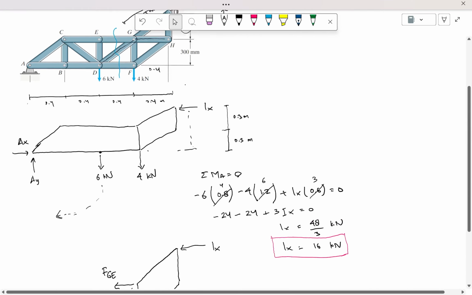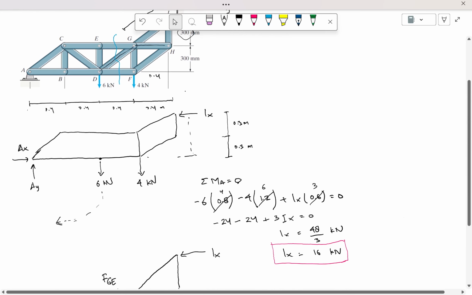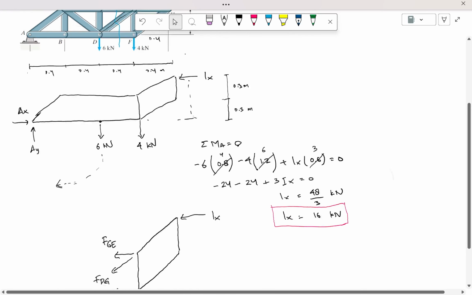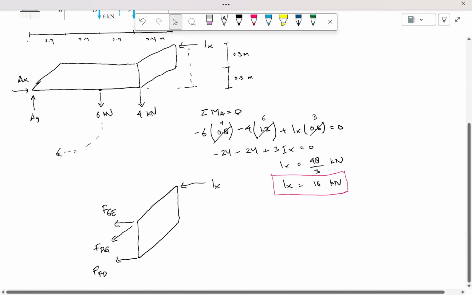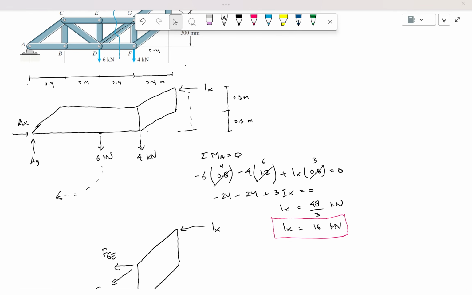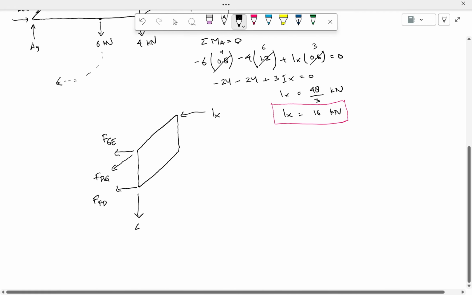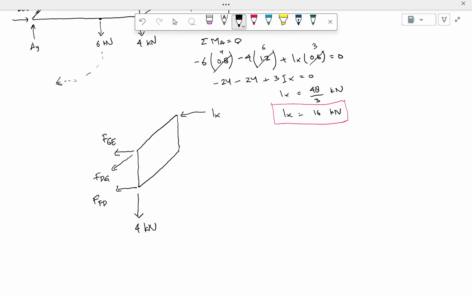And I think that is the sectioning of this one, right? Am I right? Yes, I think I'm right. And then there will be a force of, I'm not sure how much that is, 4 kilonewtons. 4 kilonewtons.